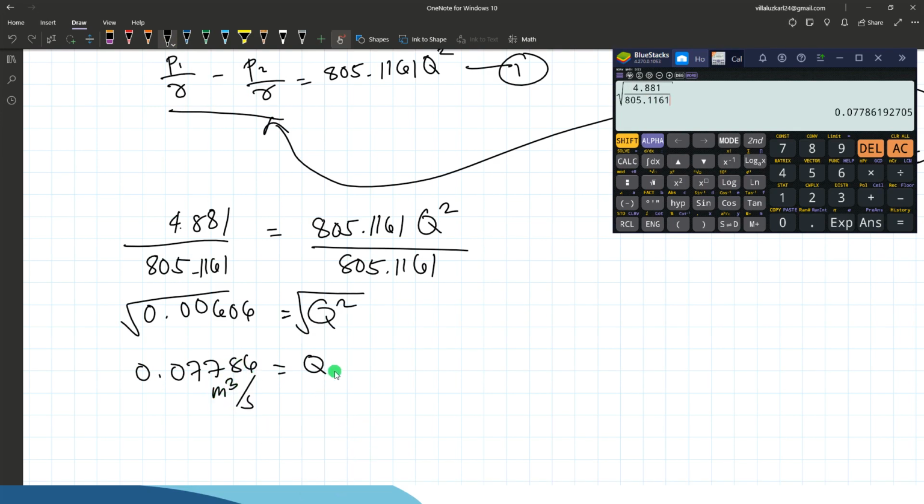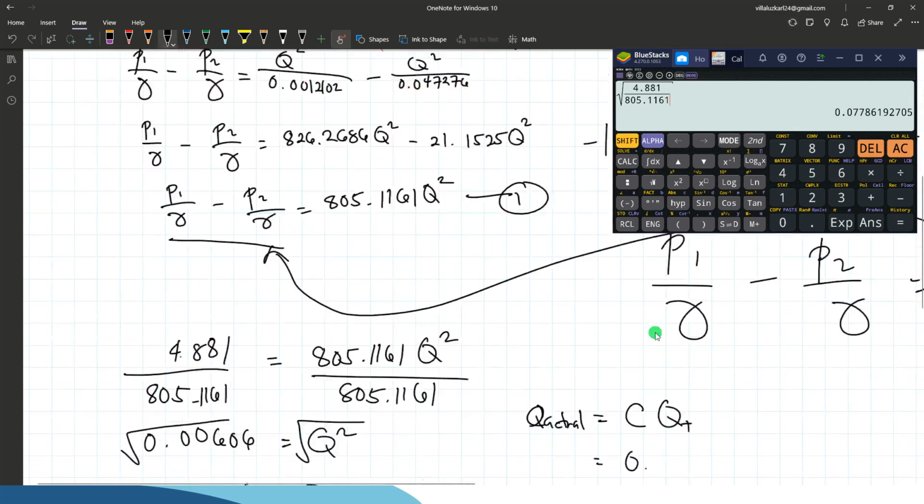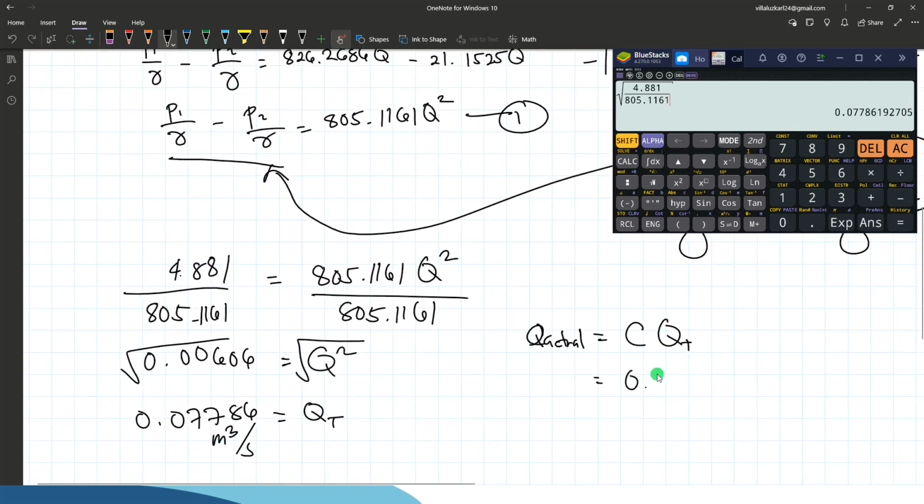So this is just the theoretical discharge. We have to compute the actual discharge because we have a given coefficient of discharge. So C times the theoretical discharge. C is 0.63, so 0.63 times 0.07786 cubic meters per second.